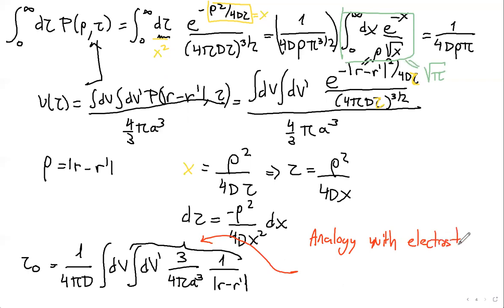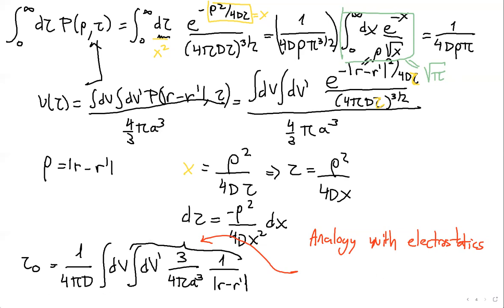Be careful here because I didn't discuss any electrostatics of this problem. I'm just saying that this type of integral appears in electrostatics. Okay, so there's an analogy. You can go to an electrostatics or electronics book and find this integral solved there. It is related to the potential.